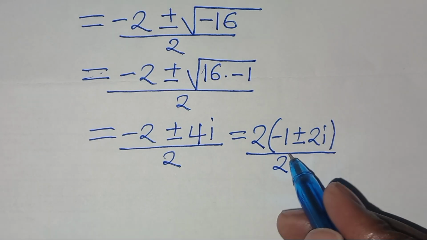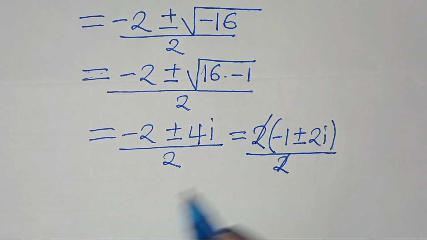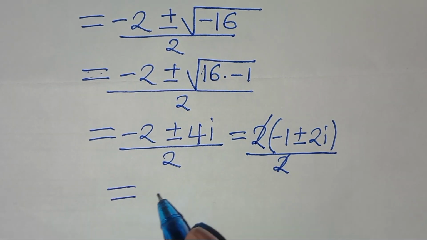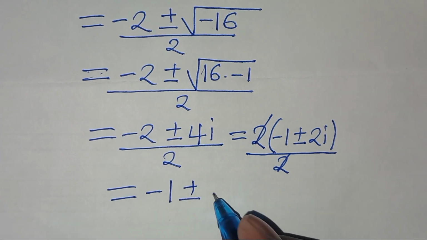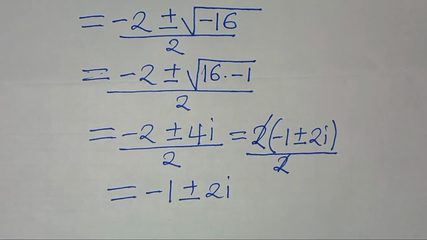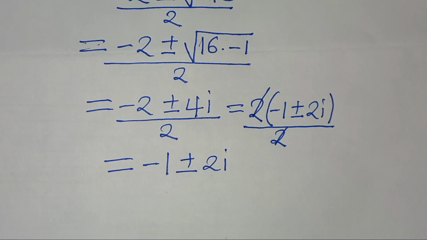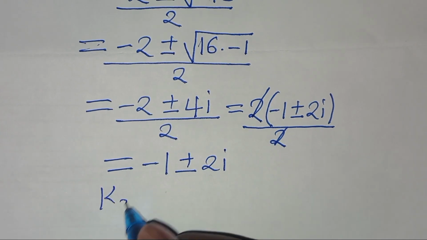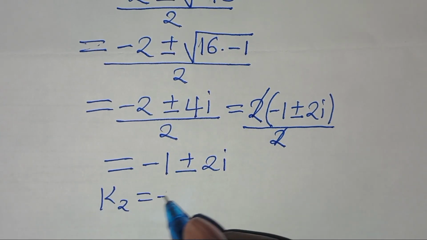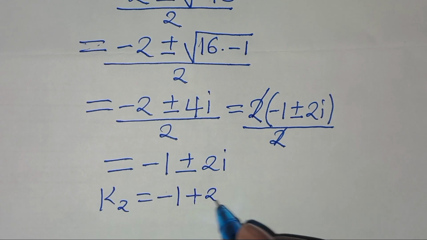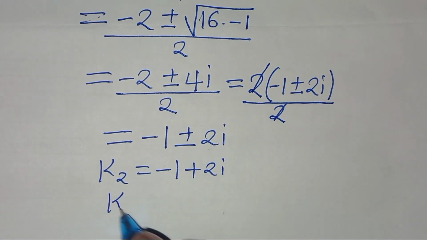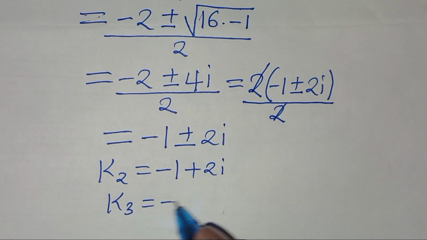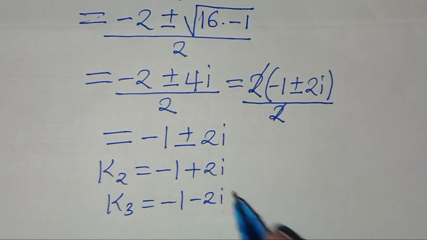The 2 and 2 simplify, so we have minus 1 plus or minus 2i. Then k2 is minus 1 plus 2i, and k3 is equal to minus 1 minus 2i.